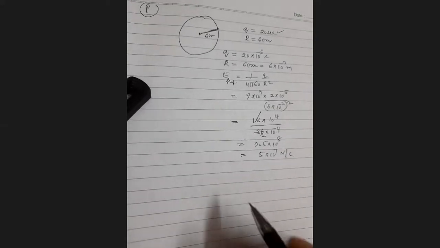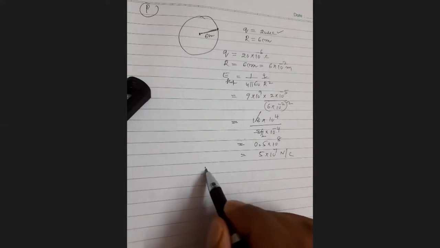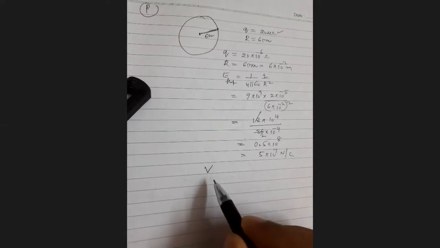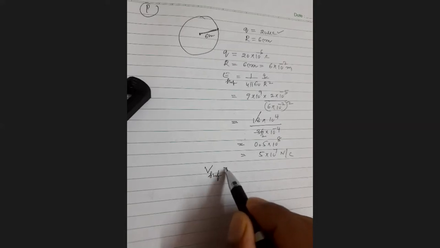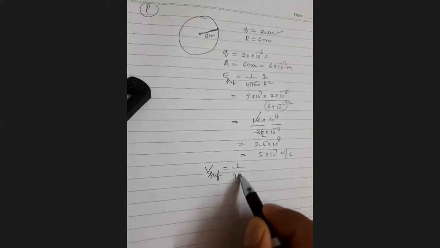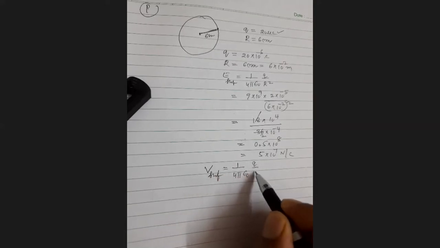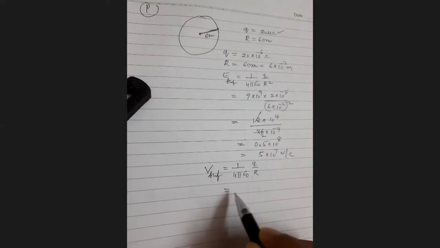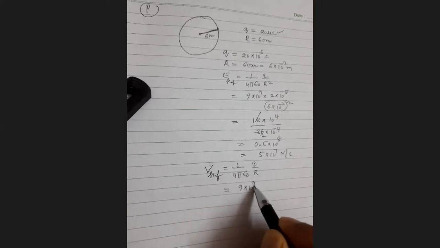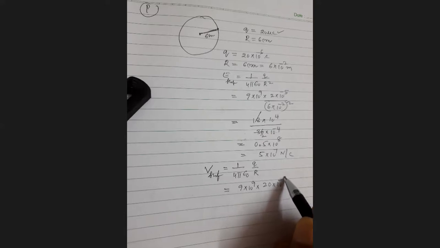Now, how to calculate the potential? Electrostatic potential on the surface of a charged conducting sphere, V on surface, what formula we have? 1 by 4 pi epsilon naught Q by R. That equals 9 into 10 power 9, charge 20 into 10 power minus 6 by radius 6 into 10 power minus 2.